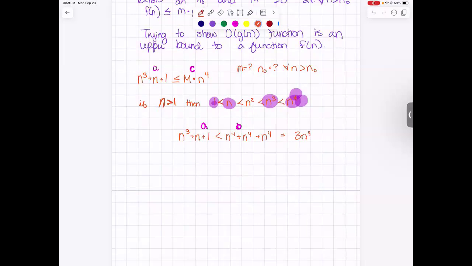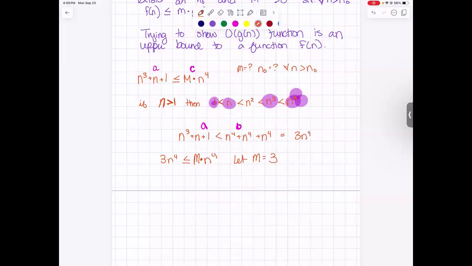So now we're going to prove that 3n to the 4 is less than or equal to m times n to the 4. Well, if we let m equal 3, sorry, I lost that m there. If we let m equal 3 right here, we can very clearly figure out what our value of m should be.